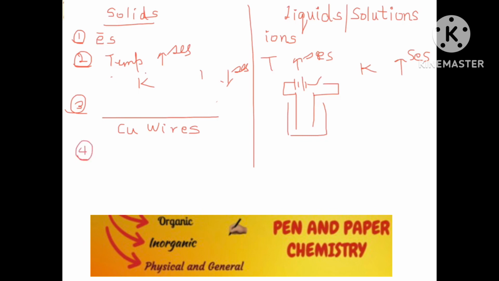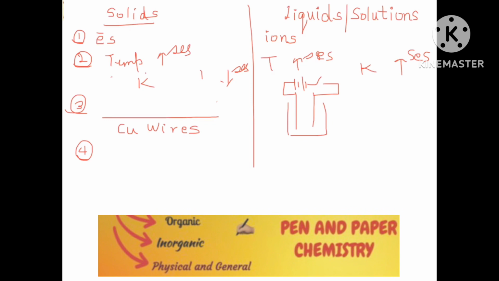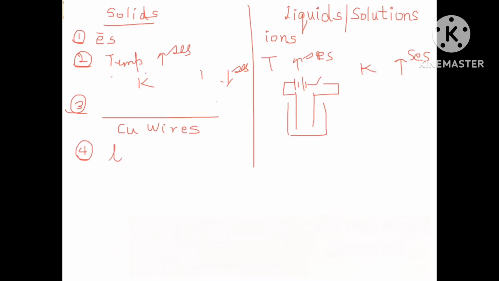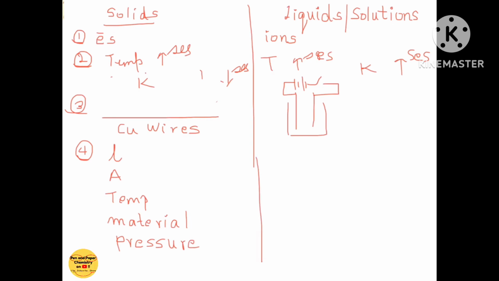Another interesting point, all the factors that we have discussed till now, like the length of the conductor, area of the conductor, temperature, nature of the material and pressure, these are the factors which affect the flow of current through a solid, right? What happens when current flows through a liquid or a solution?